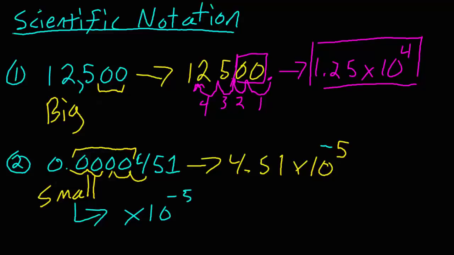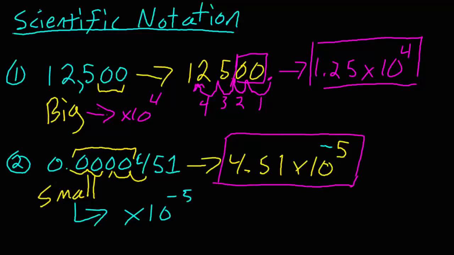Anytime you have a very big number, like in our first example, or times when you're moving the decimal point to the left, you would have a times 10 to a positive exponent, like +4. Right? So one thing that you can really think about to try to keep this straight in your head is that small numbers get negative exponents, big numbers get positive exponents.